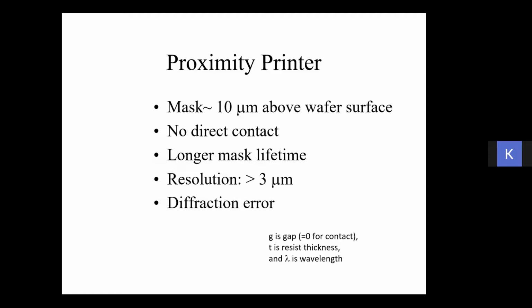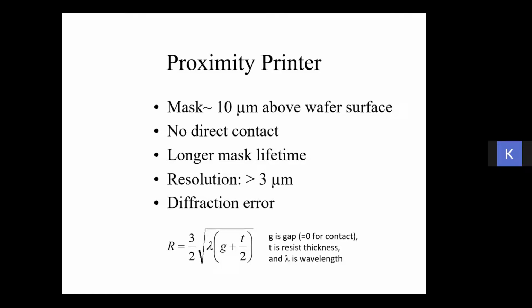Again, the mask has some opaque and transparent regions. That means they have slits also, that actually act like slits. So when this UV light is passing through this mask, then the edge will create a diffraction pattern, and that will also cause error in the patterning. So obviously contact printing has some problem, proximity printing also has some other problem.